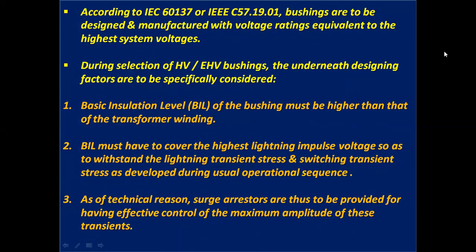According to IEC 60137 or IEEE C57.19.01, bushings are to be designed and manufactured with voltage ratings equivalent to the highest system voltages. During selection of HV and EHV bushings, the underneath design factors are to be specifically considered.